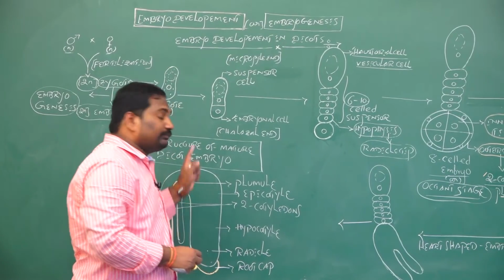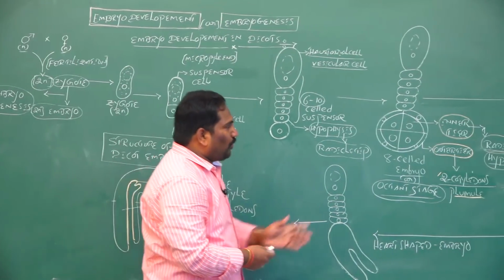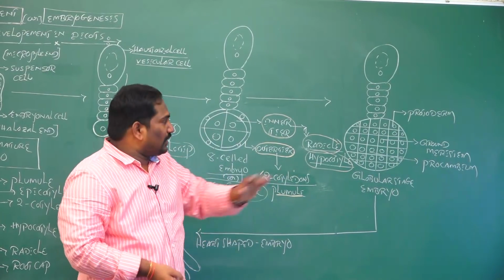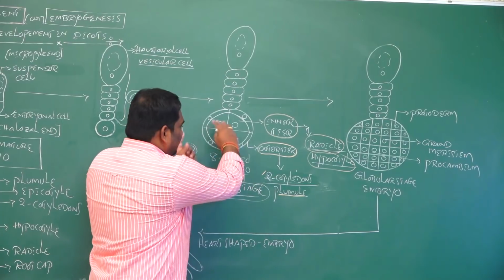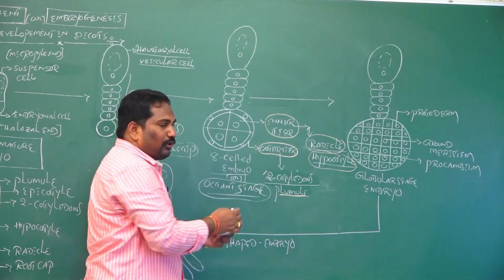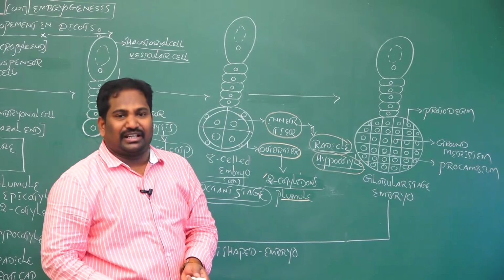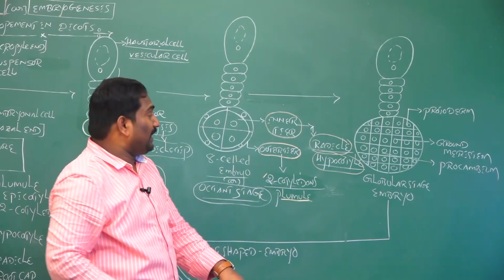The outer 4 cells of the embryo form 2 cotyledons and the plumule. In the fourth step of embryo development in angiosperms or flowering plants, the octant stage of the embryo divides periclinally, that means transversely and vertically, and both are called periclinal division.